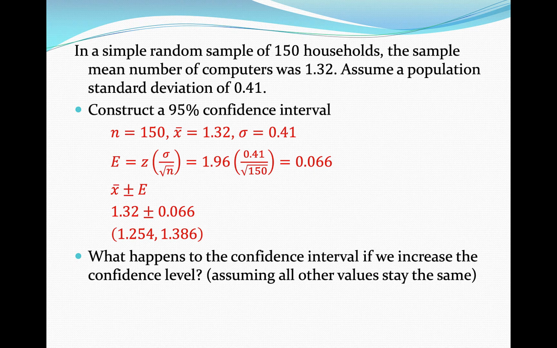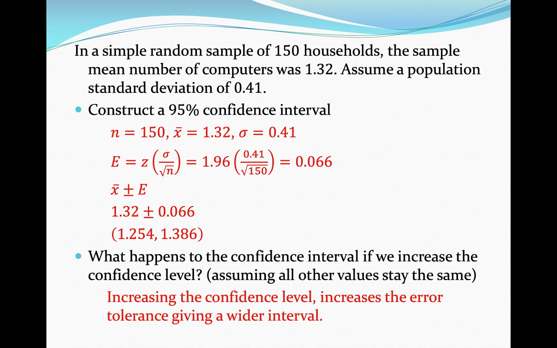Well, when you spread those out, you're going to get a wider interval. That 1.96, if it gets bigger, then that means your E value is going to get bigger because you're multiplying by a bigger number. When you multiply by a bigger number, your error tolerance gets bigger, your interval gets wider. So that's the short answer: increasing the confidence level increases the error tolerance, giving a wider interval.